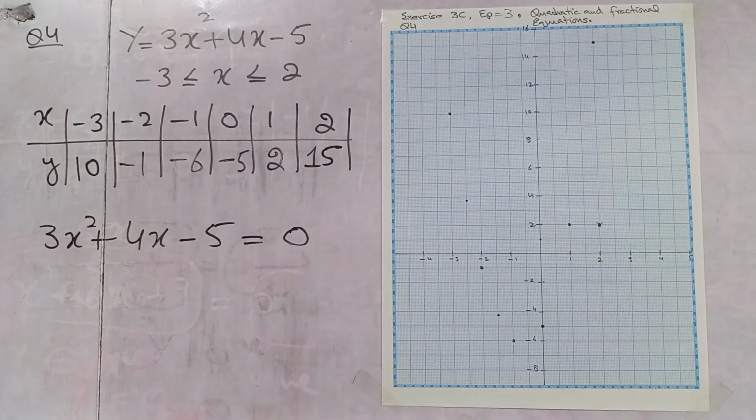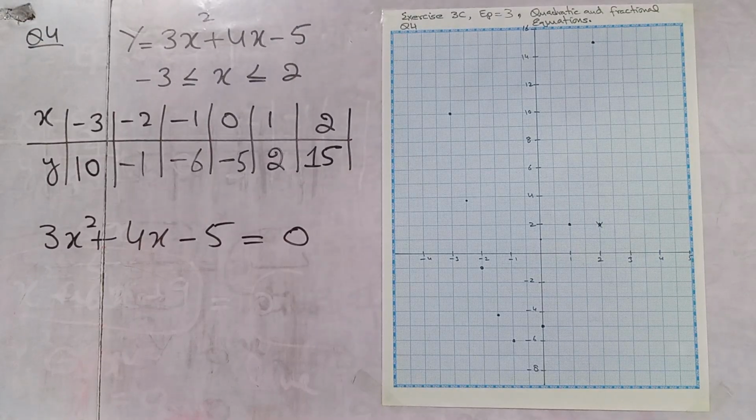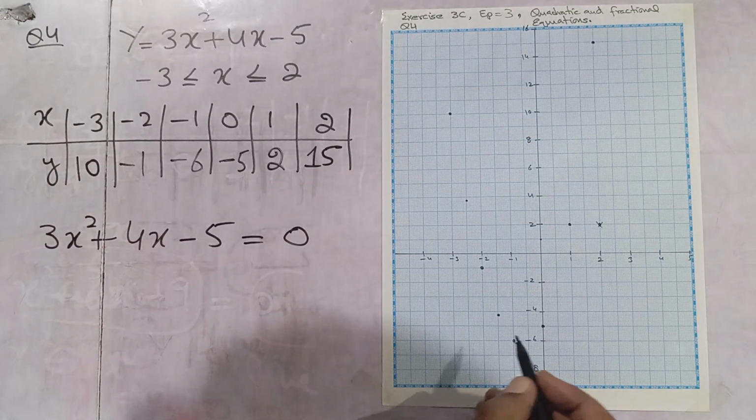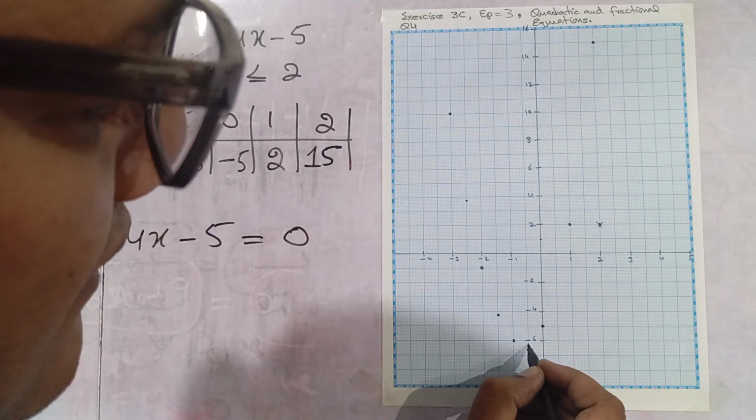So 3(-0.5)² + 4(-0.5) - 5 equals -6.25. Minus 6.25 will be here.